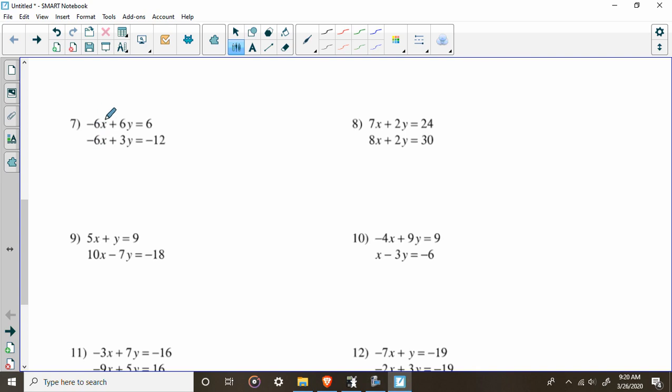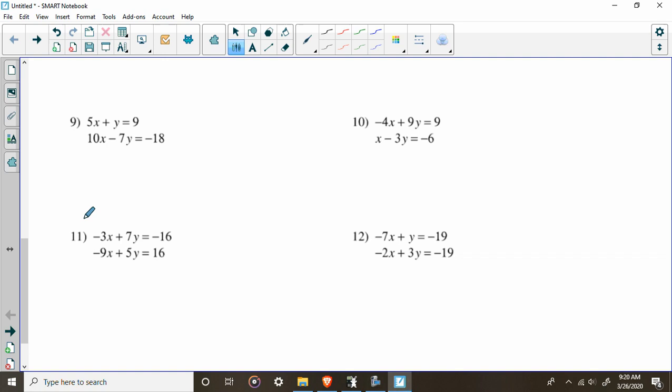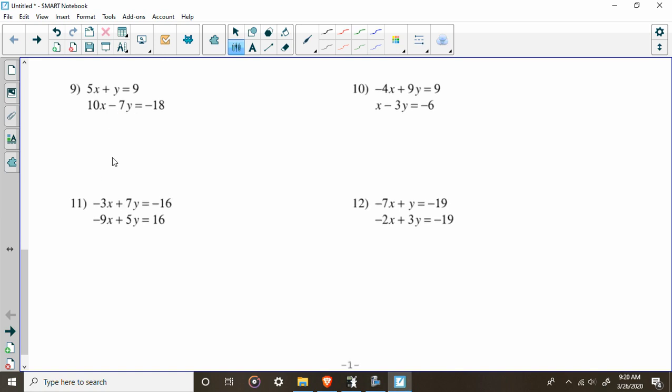So it wouldn't matter which one we did, because it would make one of these two y's positive, one of these two y's negative. What we're going to look at today is how to get past that when it does matter which one we multiply. So first of all, multiplying by -1 here is not going to help. If I multiply by -1, I don't have a positive and negative version of the same number.